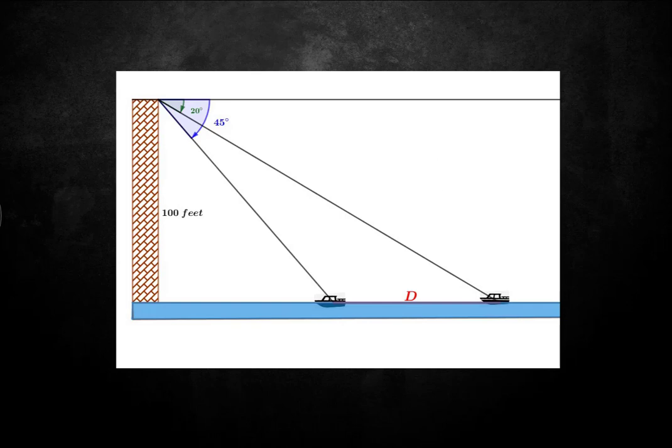The observer is on top of the building, and when the boat is at the initial position, the angle is 20 degrees, and at the second position, 45 degrees. The distance in red here is the distance the boat traveled between these two positions.